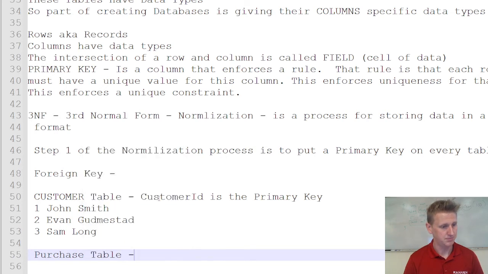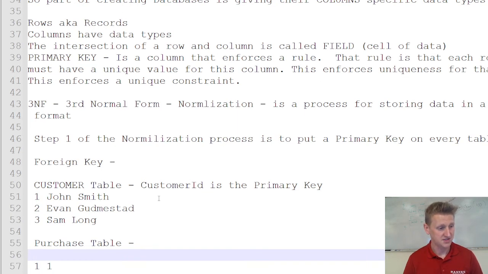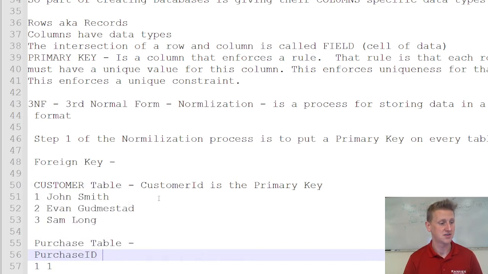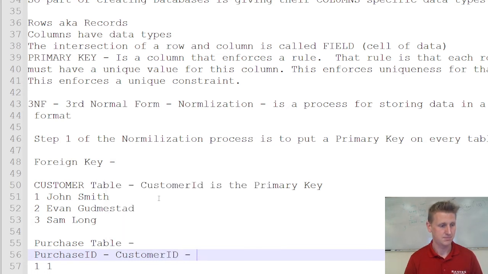Purchase table. We're purchase number 1. We'll call it purchase ID. I'm going to leave this second one right here. I'll explain that in a minute. Let me label this. Purchase ID is our first. Customer ID is the second. Product name is the third.